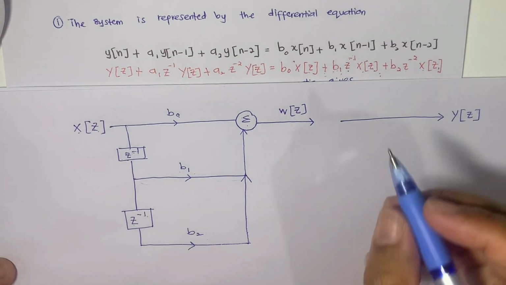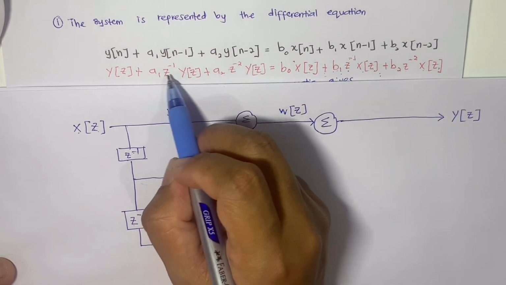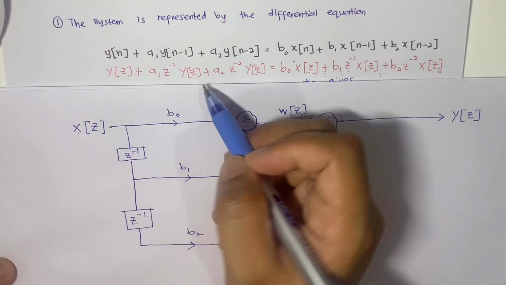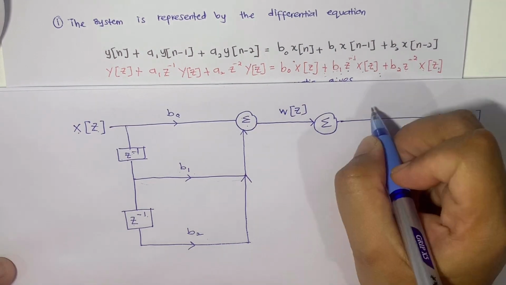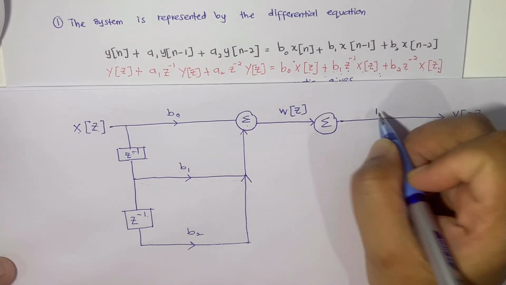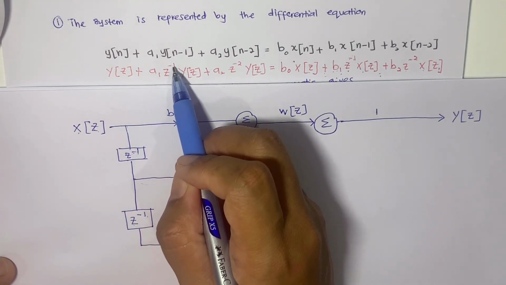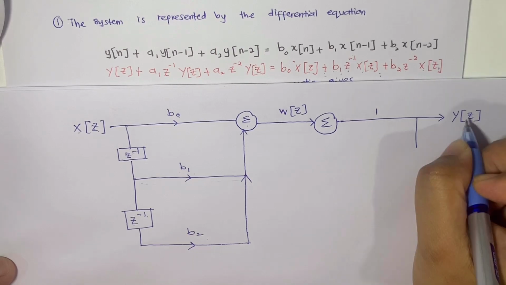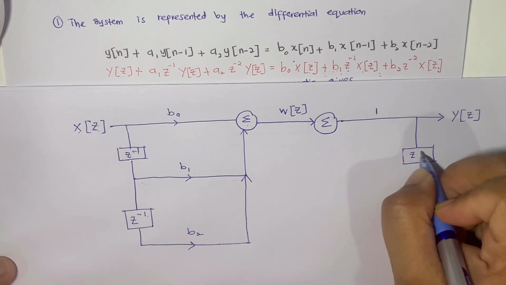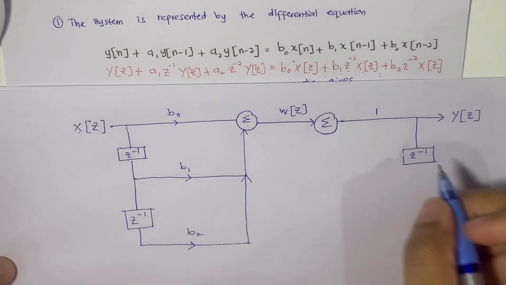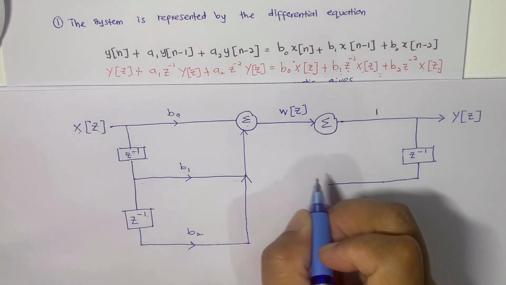This is also a summation, because all of this is a summation sign. The first one is 1 times Y(z), so we consider it Y(z) times 1 here. And the second part is a1 z to the power of negative 1, Y(z) times z^-1.